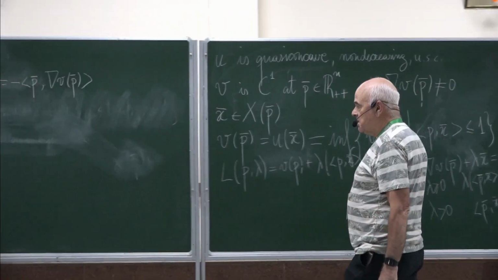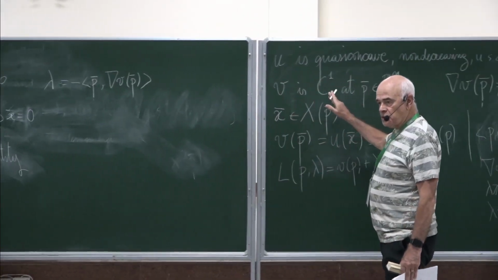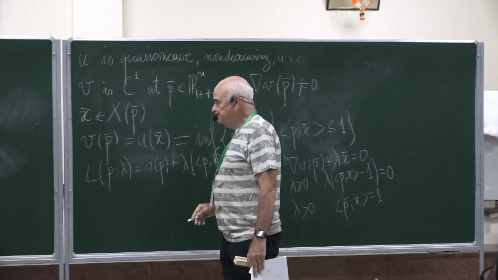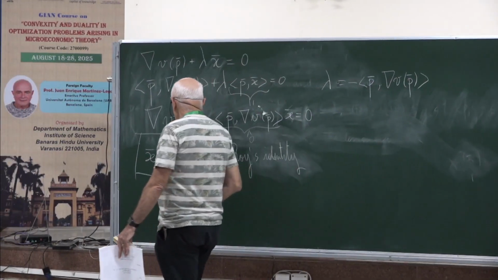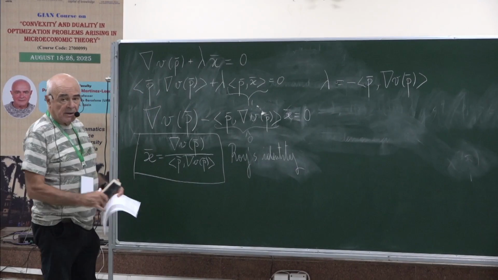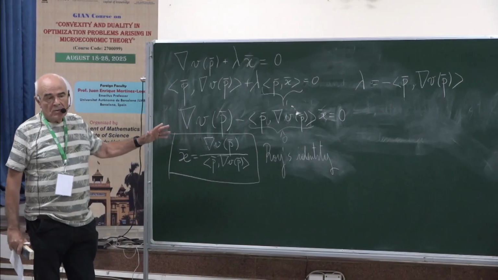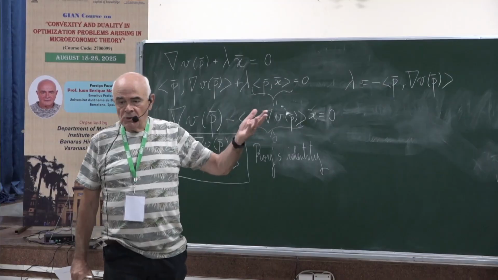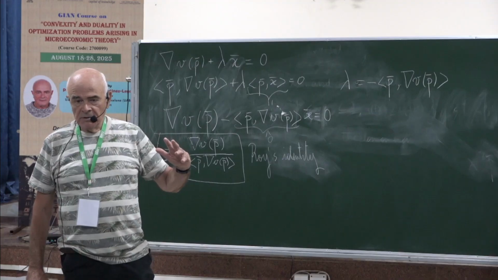So what is this saying? That if you are lucky enough to have an indirect utility function which is of class C1 and the gradient does not vanish, then simply take the gradient of the indirect utility function? Well, if you take the gradient, you may be taking too much or too little. You have to take into account the budget constraint.